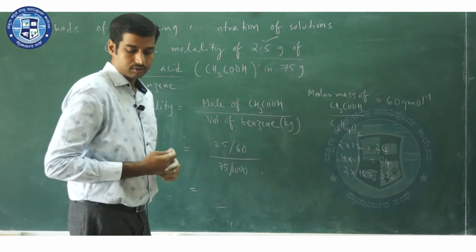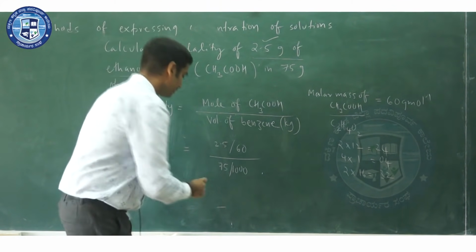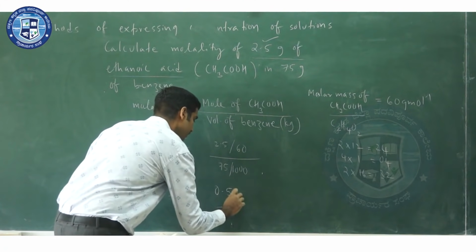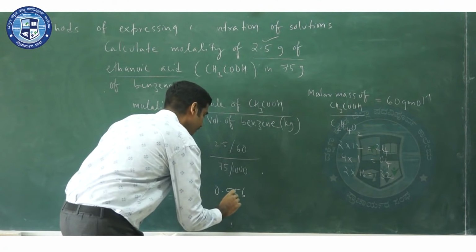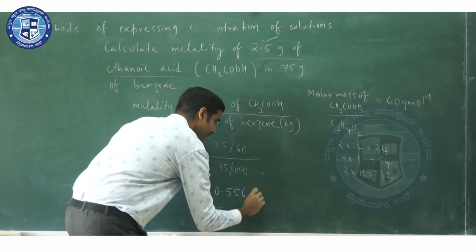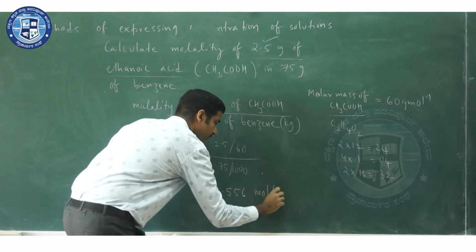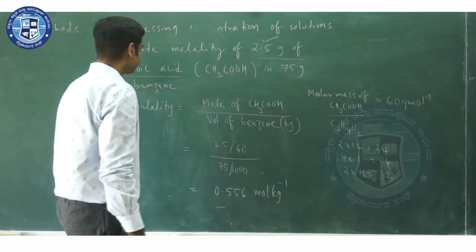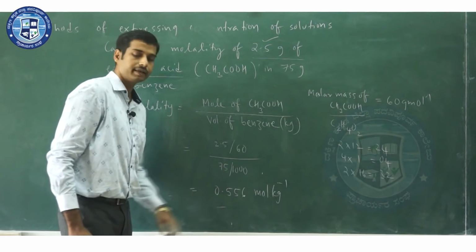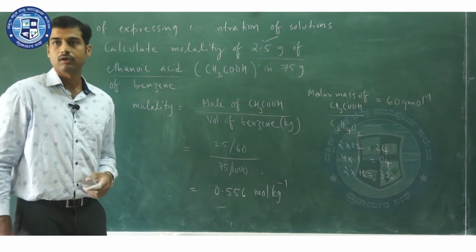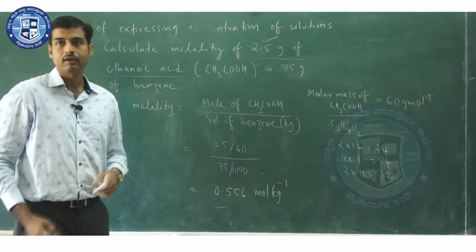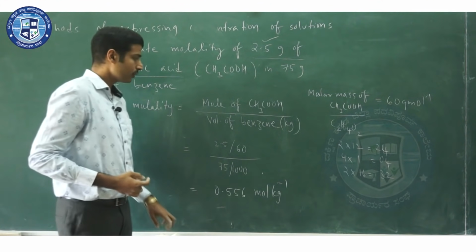When you substitute and get the result, it will be close to 0.556 mole per kilogram. So that is how you express molality, number of moles of ethanoic acid per kilogram of the solvent benzene.